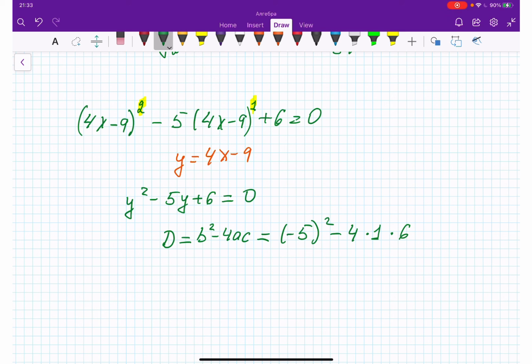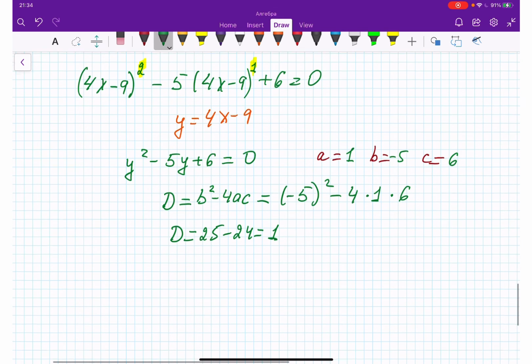Let me write down A, B, and C. A is 1, B is negative 5, and C is 6. Okay, so let's continue solving. So the discriminant is equal to 25 minus 24, equal to 1.